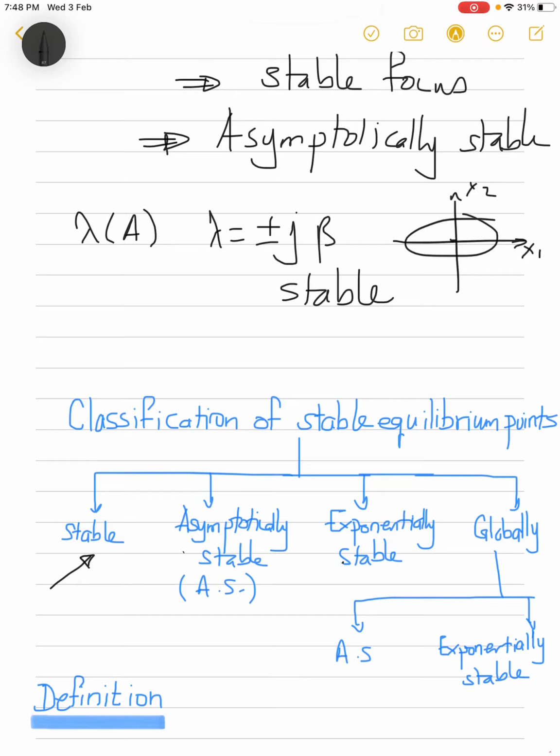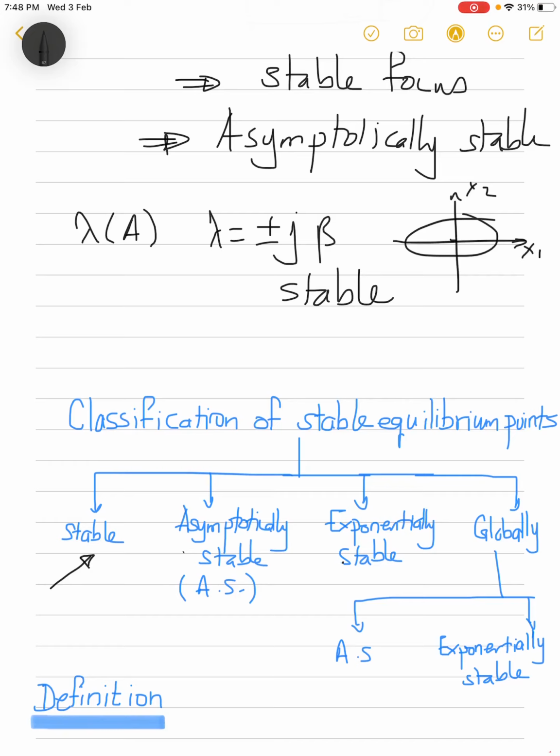We define also what's called asymptotic stability, and by that we mean that the equilibrium point has to be stable, and as the time tends to infinity, the solution will also converge to 0. So this is asymptotic stability. Exponential stability implies asymptotic stability.